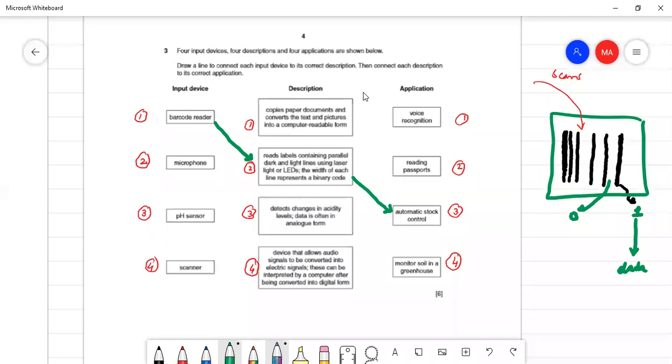It does not mean that if the first, the barcode, is correctly connected with the second description, full marks will be assigned. You must connect the description with its application correctly. Then the marks will be allocated in full. Is it clear to all of you? Yes, beta. Is it clear to all of you?